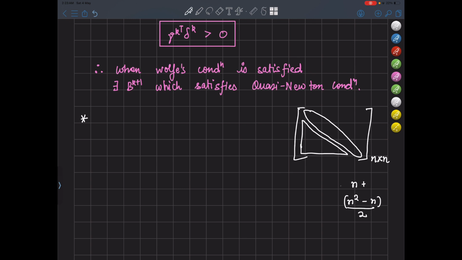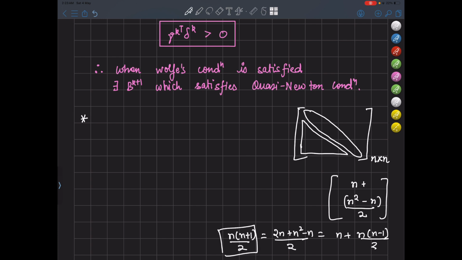So n plus n(n minus 1) by 2 gives us n(n plus 1) by 2. These are the number of variables.